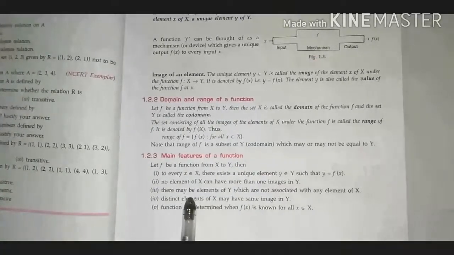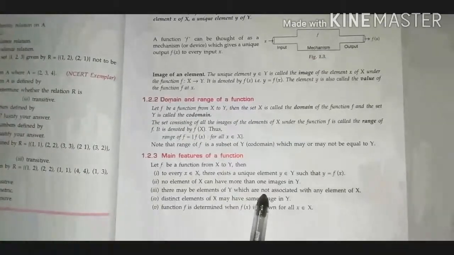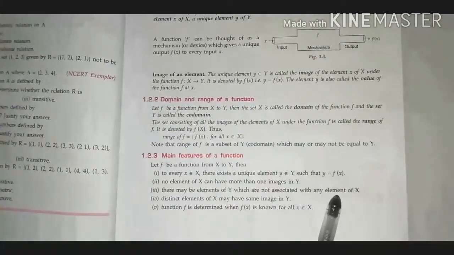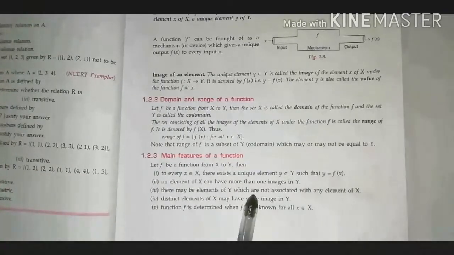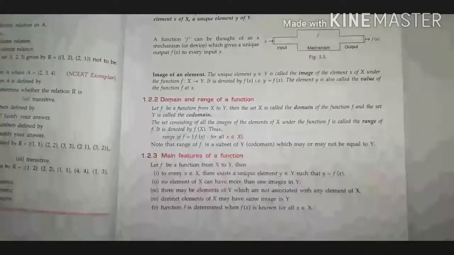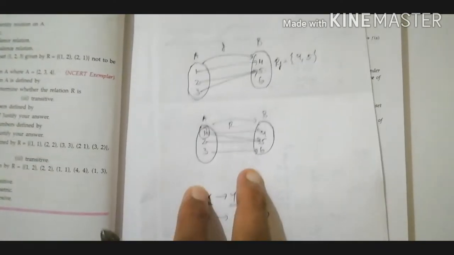And the third one: there may be elements of Y which are not associated with any element of X. We have already discussed one example, the first example.